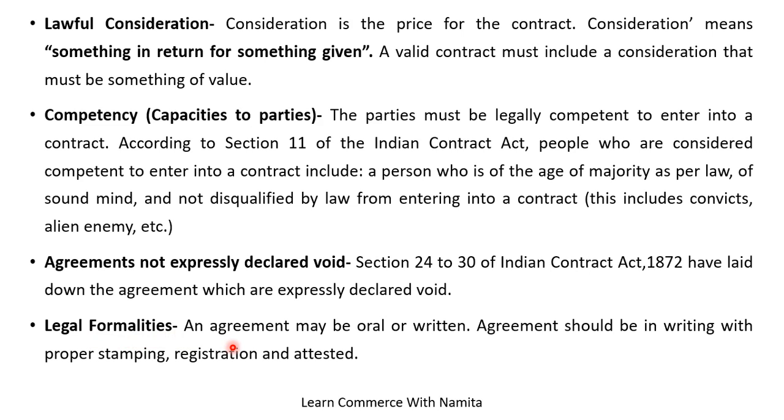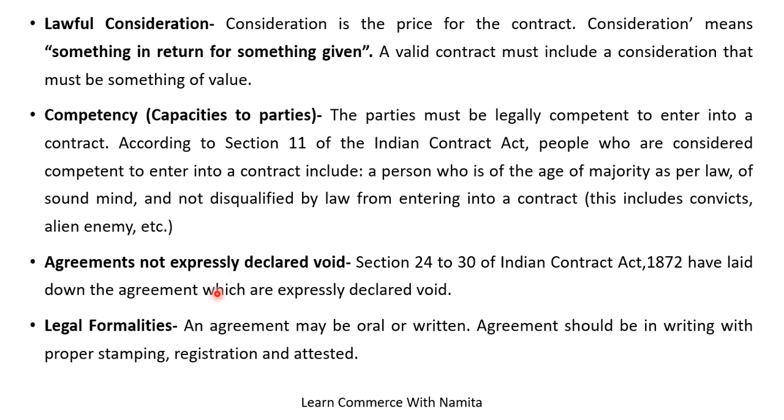If the agreement is in written form, that written agreement should be properly stamped, registration as well as the attested copy should be properly done. So all these formalities should be taken into consideration.